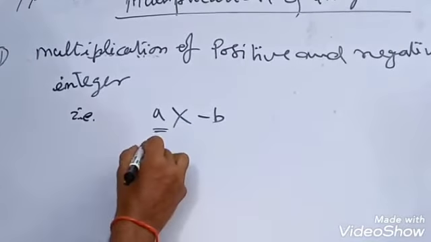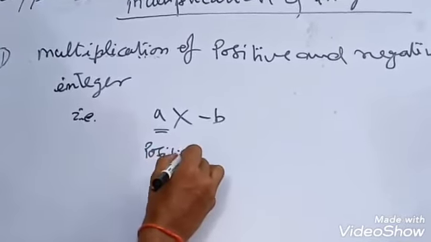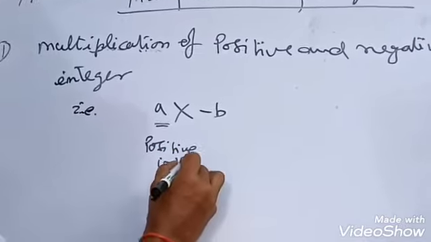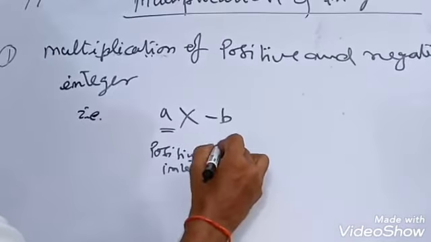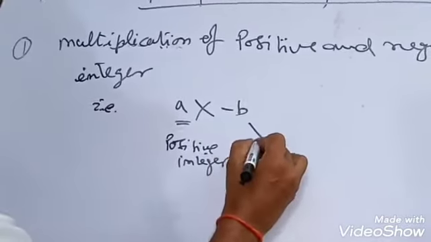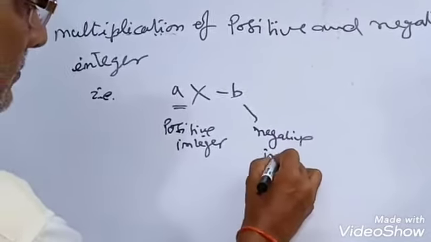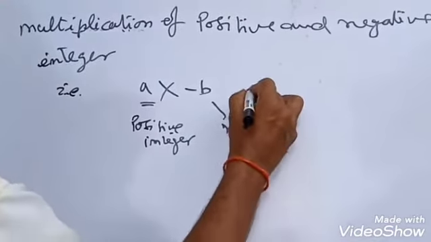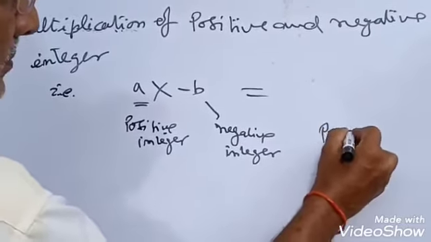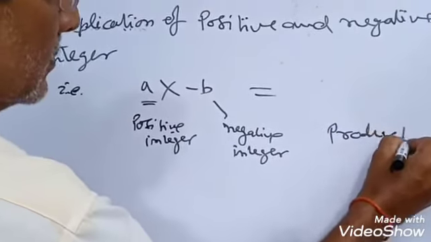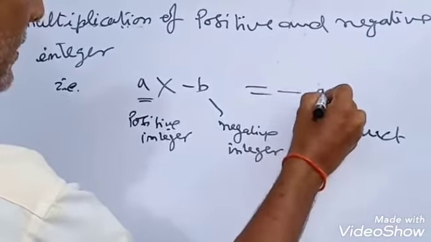A is a positive integer, b is a negative integer. The product will be minus ab.